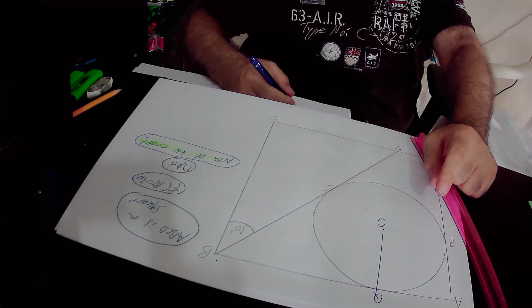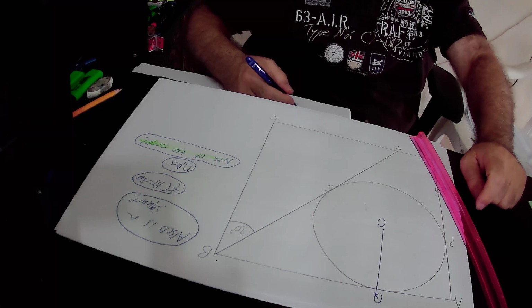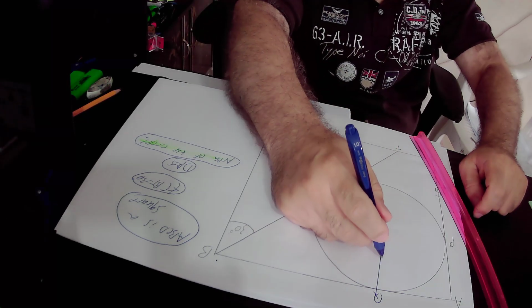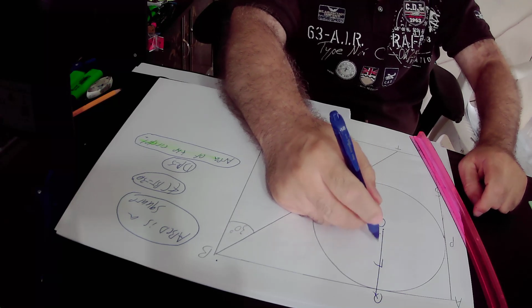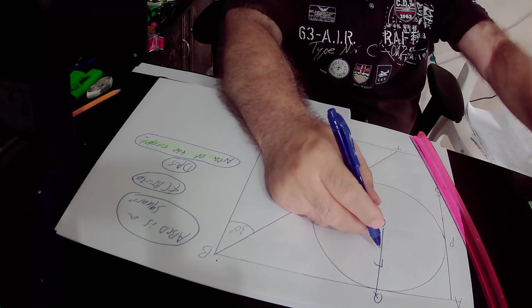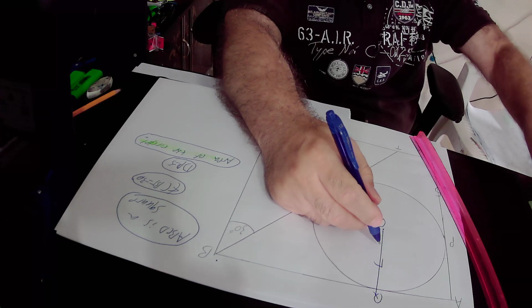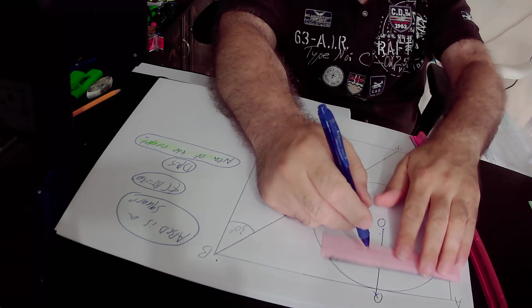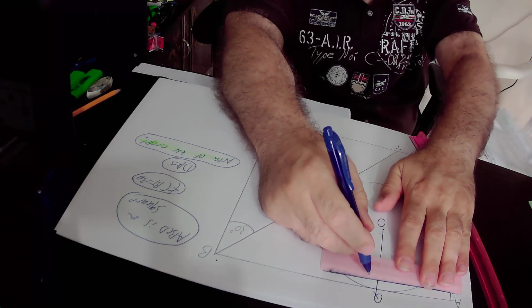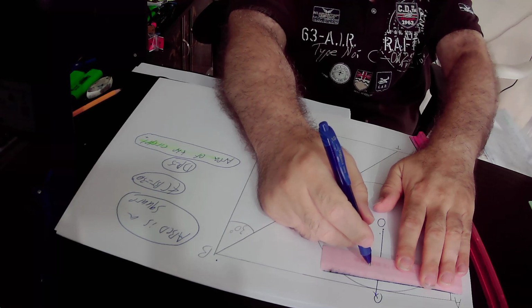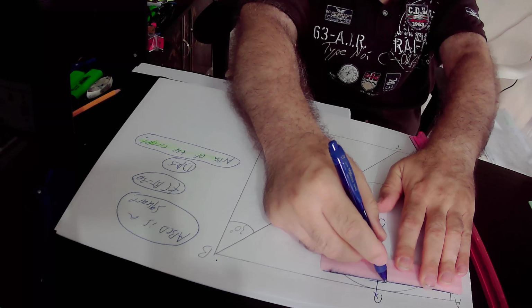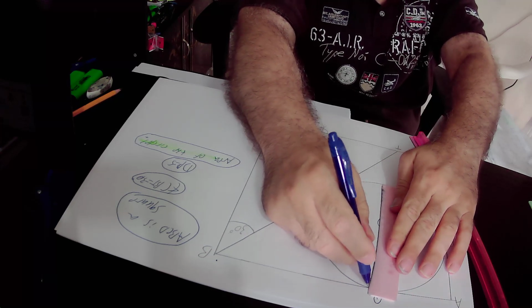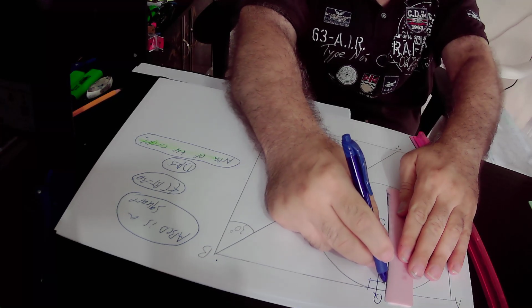Therefore, OQ is the radius of this circle that we will define as R. And we have the radius OQ drawn to the point of tangency. Therefore, according to rule number 1, a tangent to a circle is perpendicular to the radius drawn to its point of tangency. This angle will be equal to 90 degrees, and this angle will also be equal to 90 degrees.